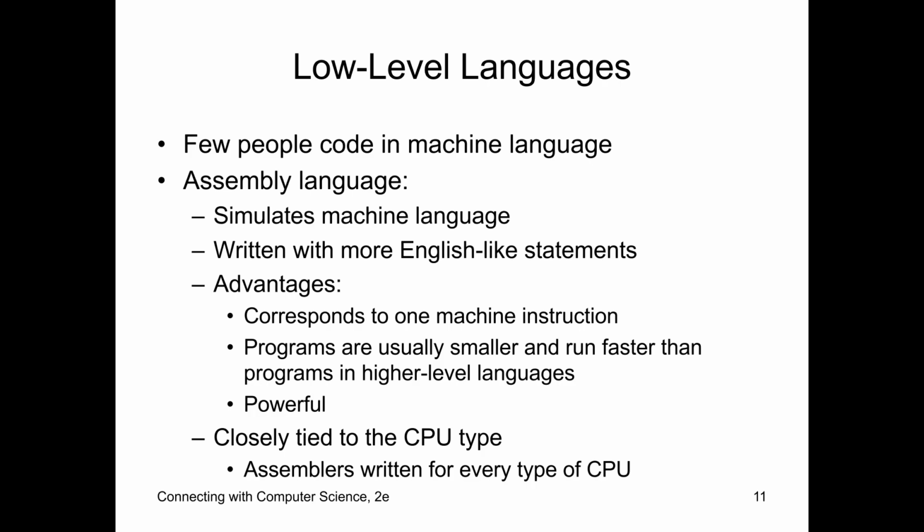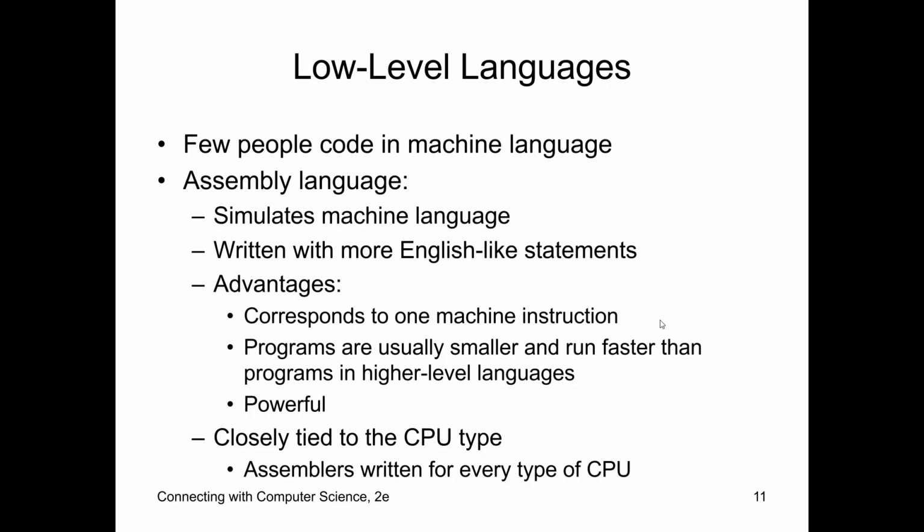It uses English-like statements, but it would be English-like for somebody who talked in all shortened sentences. Everything's cut off, you know. But the big one here is each instruction corresponds with one machine instruction.